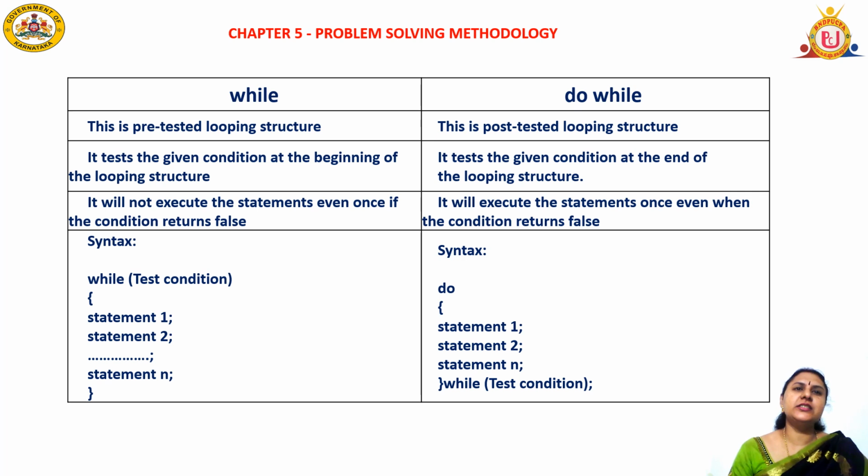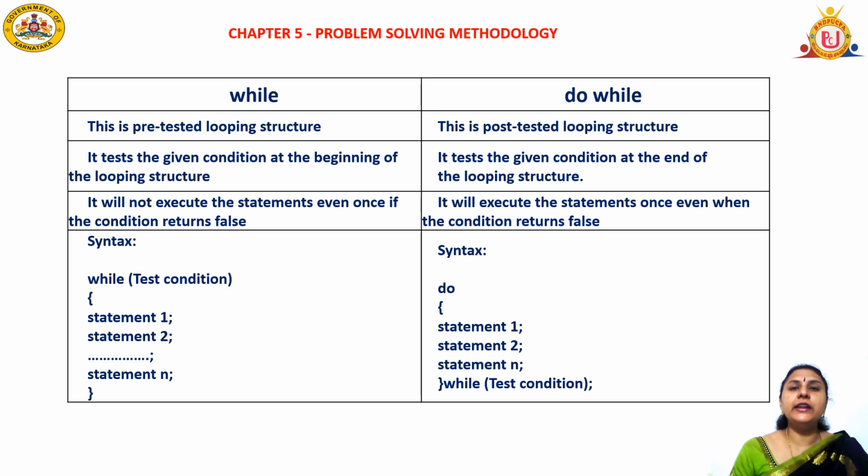Students, let us discuss now the difference between the while and do while loop. While loop means it is a pre-tested looping structure. Do while means it is a post-tested looping structure. While loop tests the given condition at the beginning of the looping structure. It is also called entry control loop.